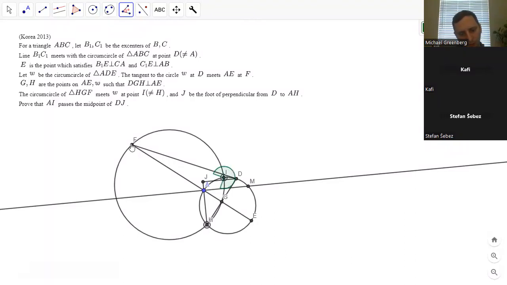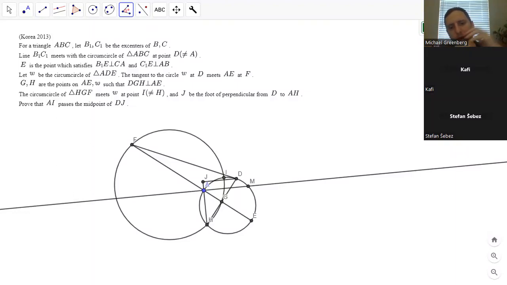No, this is just trivial. I solved it. You just need to observe that you have those 90-degree angles. So JD is perpendicular to AH. That means HAM is 90, so HIM is 90. And FIH is also 90.